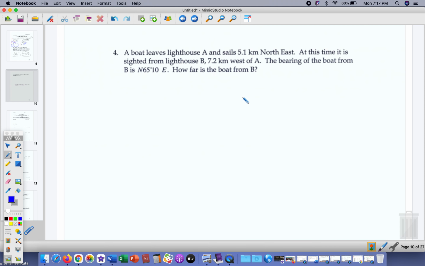So they say that at this time it's sighted from lighthouse B, which is 7.2 west of A. North, south, west, east. So if we know that A is right here, and it is sighted from lighthouse B, which is to the west of A, we know that B is over here because west is to the left.